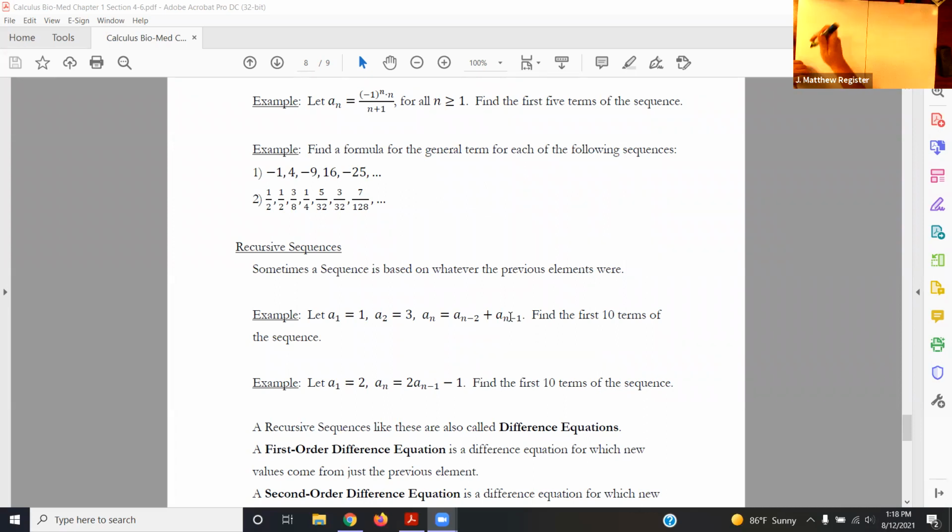And so let's say that a sub 1 is equal to 1. A sub 2 is equal to 3. And then our recursive formula is a sub n is equal to a sub n minus 2 plus a sub n minus 1.